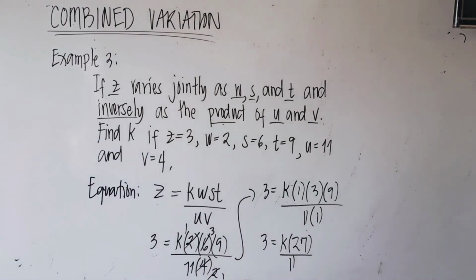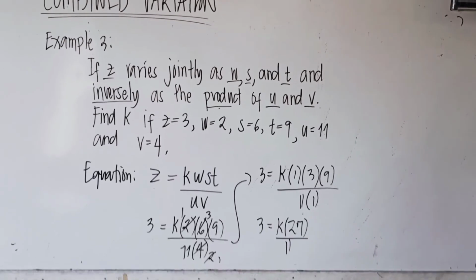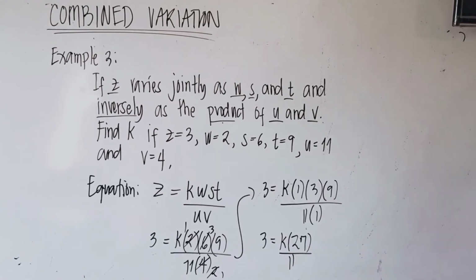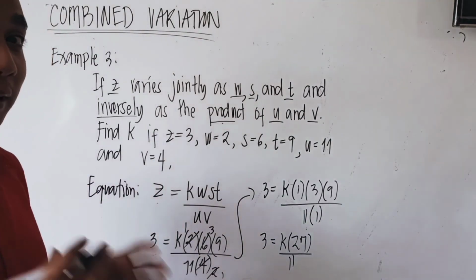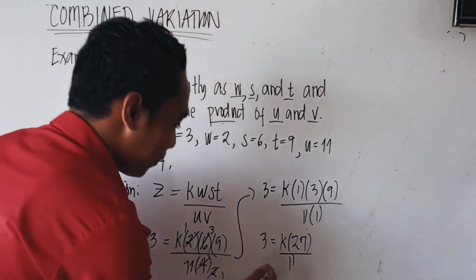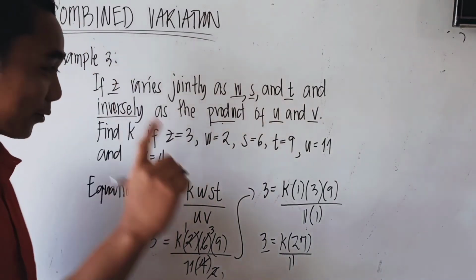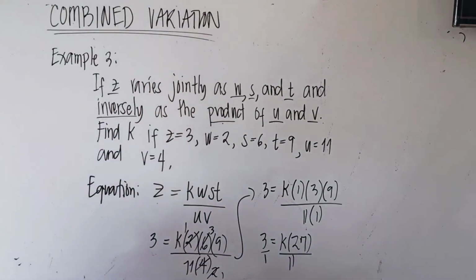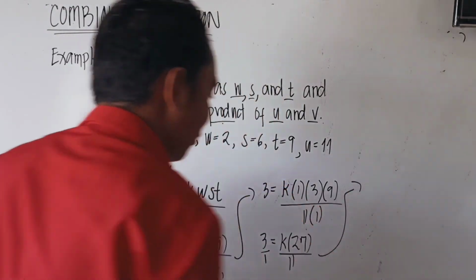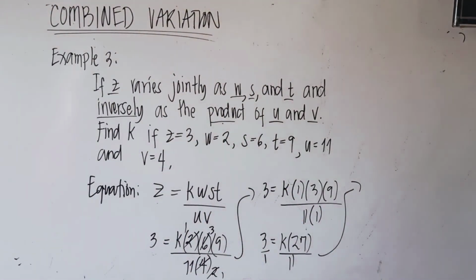Okay, so what's next? Goal natin, class, is makuha yung constant of variation. Kapag ganito, alam naman natin, cross multiplication. So, automatic, yung 3 may denominator na 1. So, bali, magiging equation natin dito, k times 27 times 1.